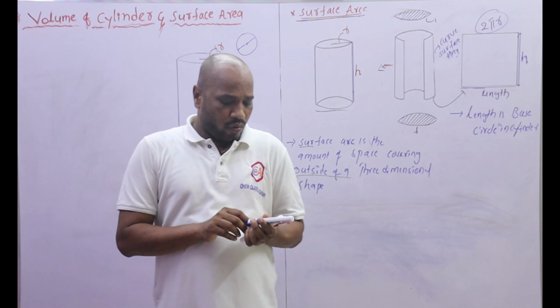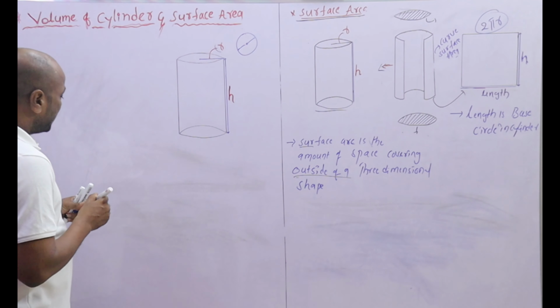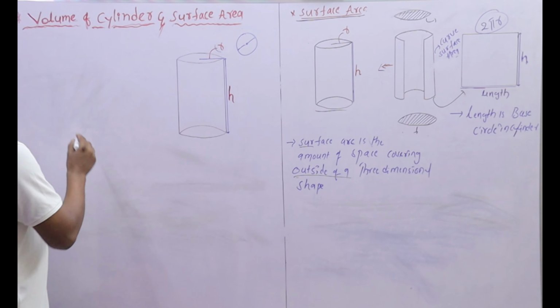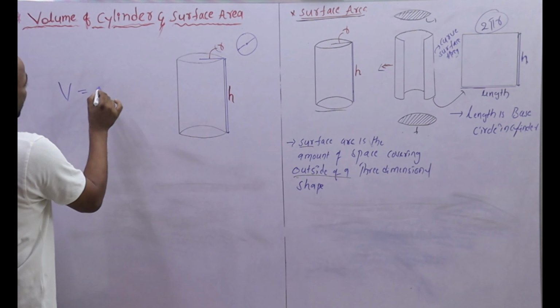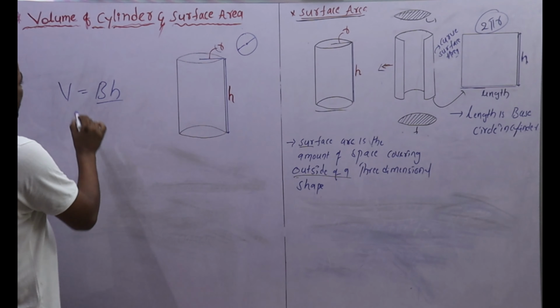Basically, the volume of a cylinder is V equals B times h.